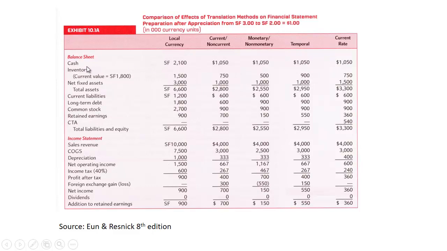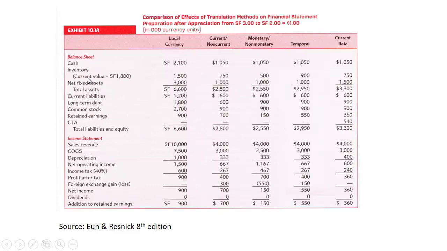Okay, so in the first case with cash, if we look at this in Swiss francs, it's 2100. All the methods use the current rate or the spot rate of 2 Swiss francs per dollar, so they all convert to 1050.